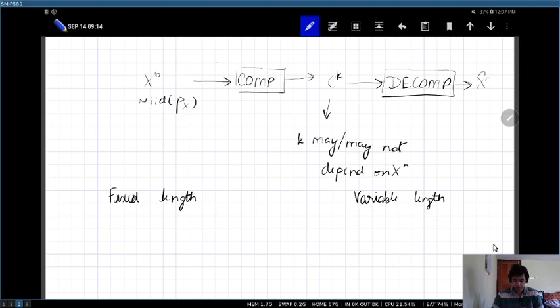So let's formalize these notions now. What we start off with is a file x^n. We assume that the file has n symbols. These may be n bytes or n characters. The exact contents of the file are not particularly important for our study.